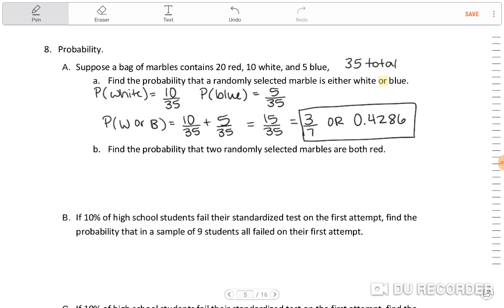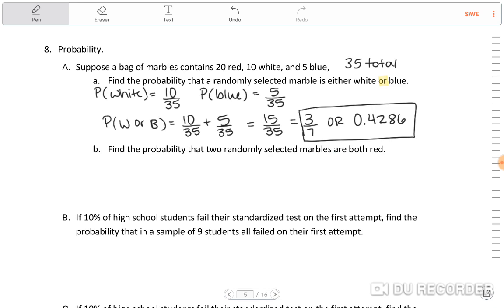But on part B, this one may be a little bit different. Find the probability that 2 randomly selected marbles are both red. I should have been a little more specific when I wrote this, that maybe I should say this is without replacement.